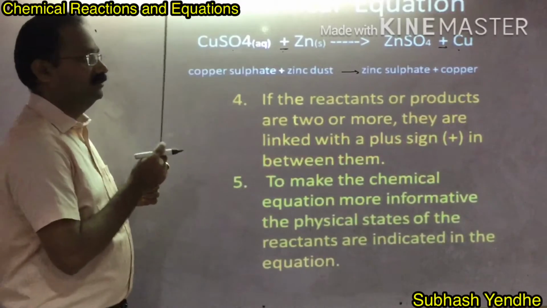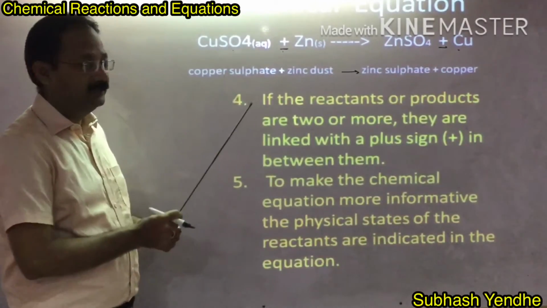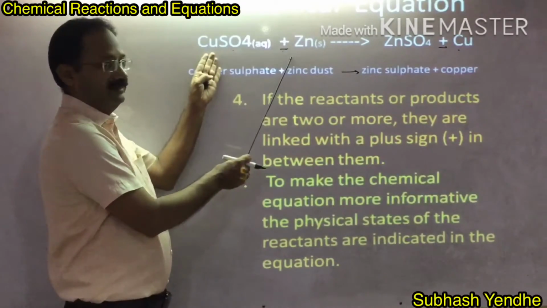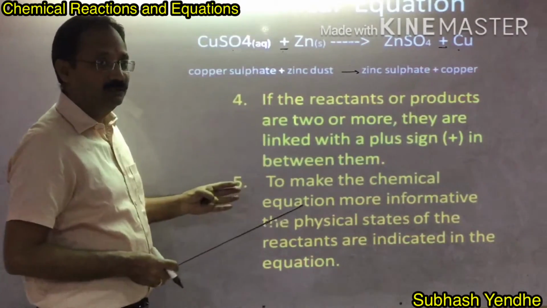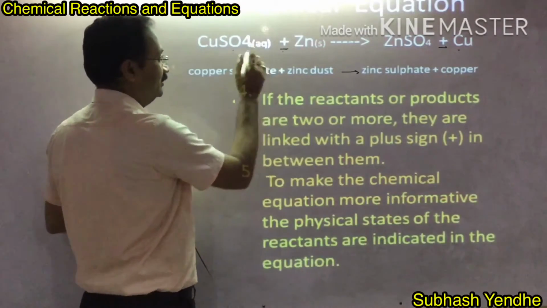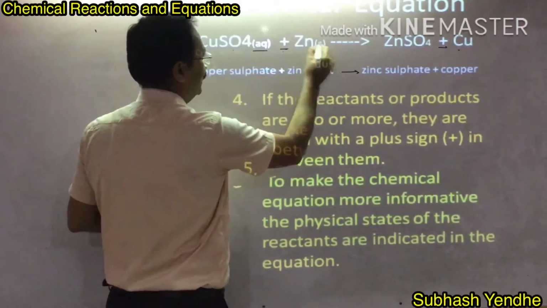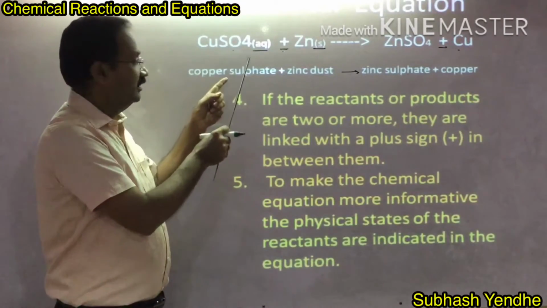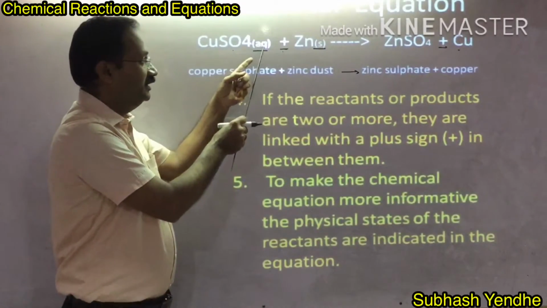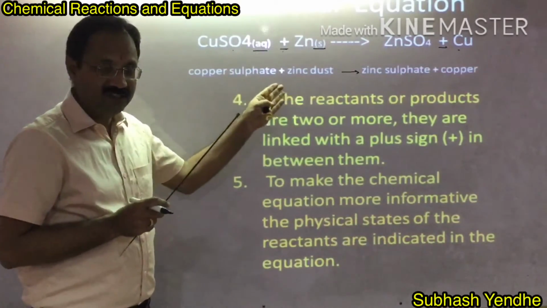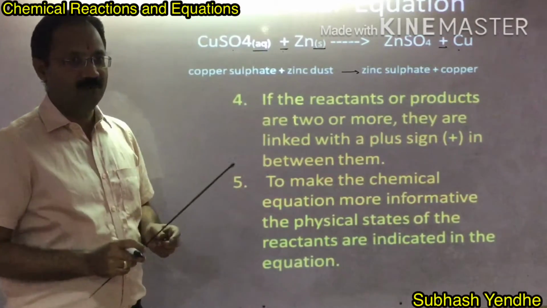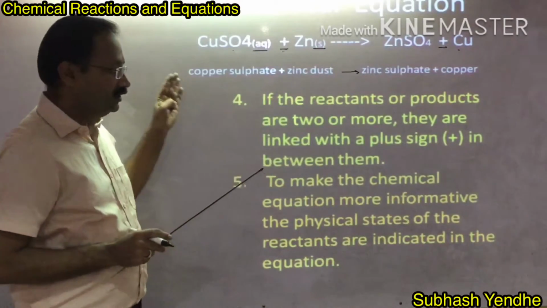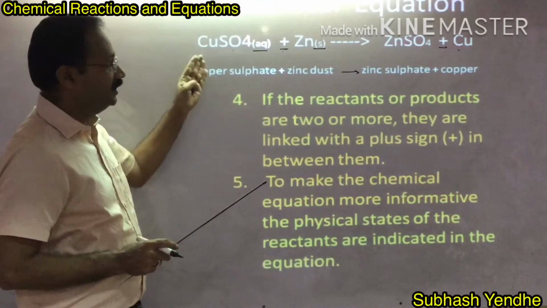Okay, now let's start with the 5th point. To make the chemical equation more informative, what do we have to do? We have to write the physical state of the compound. Copper sulfate is in aqueous form, so I have written aq, and zinc dust is in solid form, so I have written s. If you write it, the chemical equation is more informative.